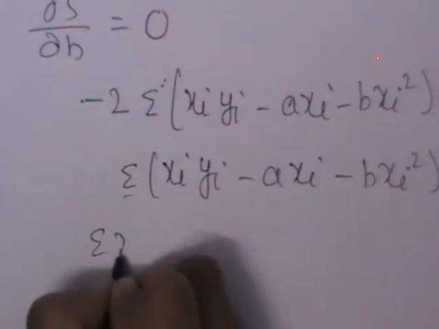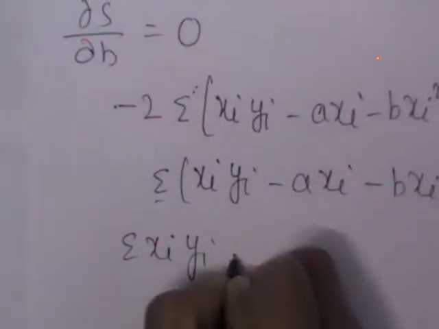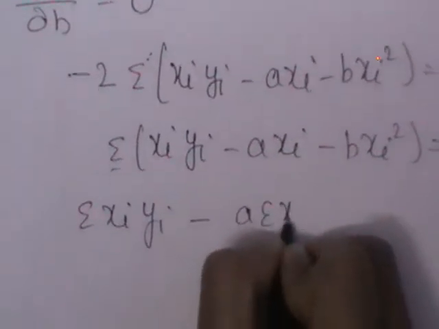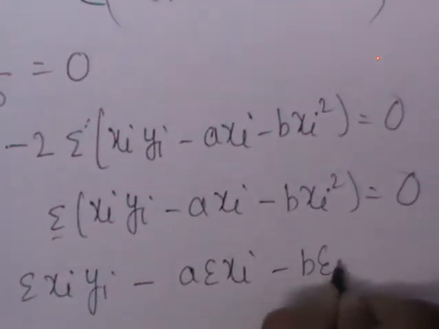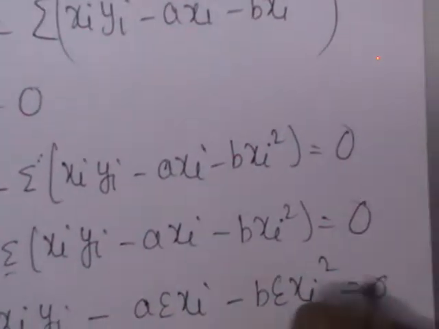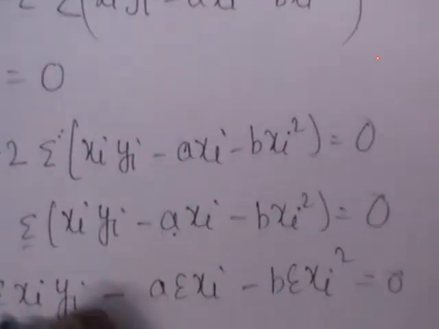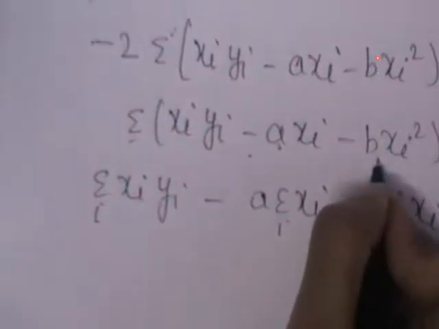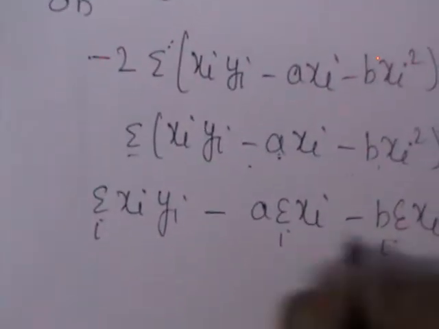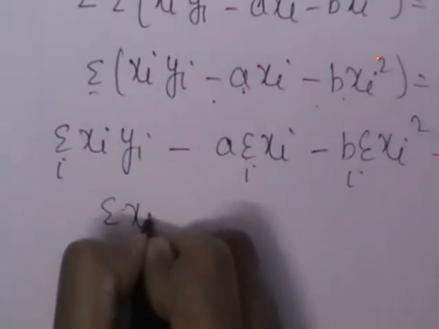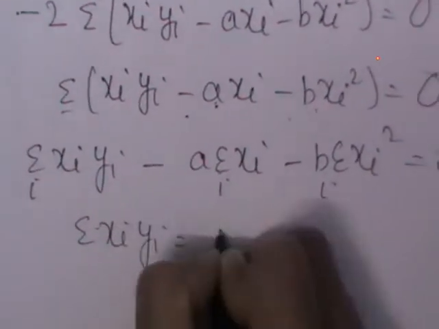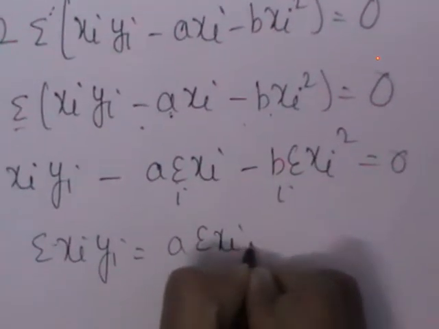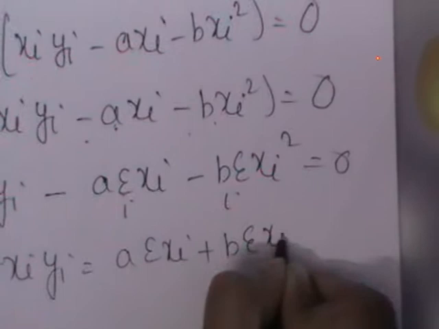Let us take this sigma to each and every term. As you know that a is independent of i, sigma always runs on i. So this a can be taken out of the sigma, b can be taken out of the sigma. Shift these two terms to the RHS. You will get sigma xi yi is equal to a sigma xi plus b sigma xi square.